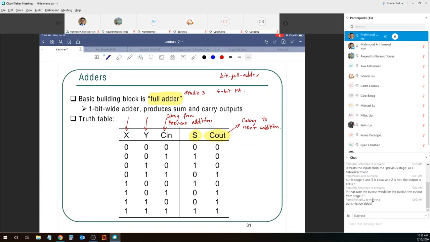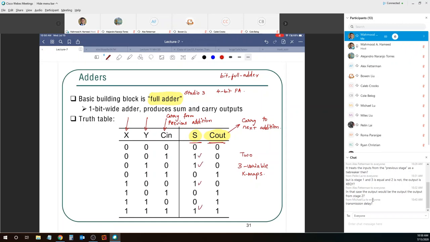So use two 3-variable K-maps. Why do we need two? Because there are two outputs, sum and carry out. If you use two 3-variable K-maps, for the sum S you will not be able to combine the ones, and you will have to write them individually.